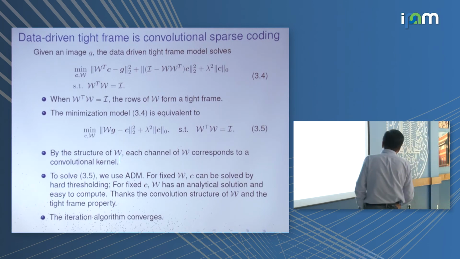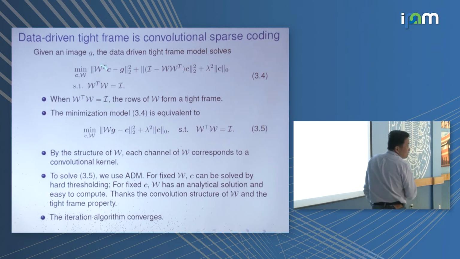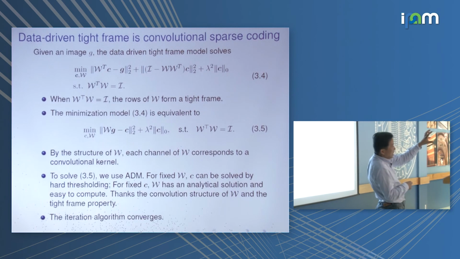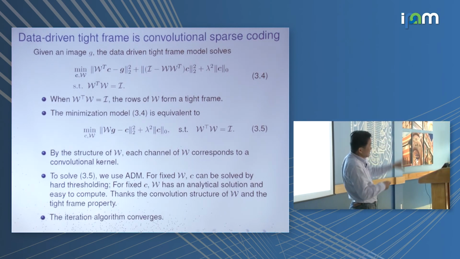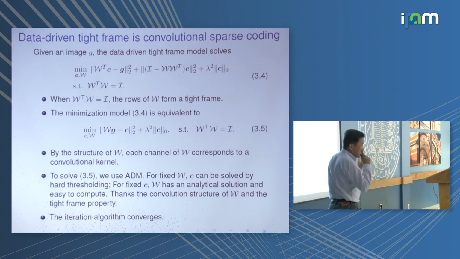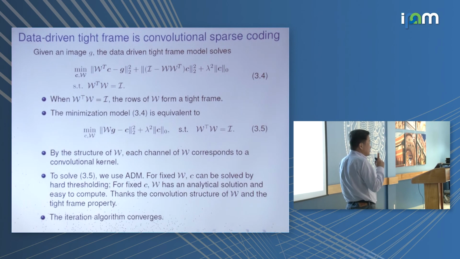Fortunately for this one, because of this property, you can write down an analytic form, and in a small matrix, not a huge matrix. Each block has your filter, the length of the filter and the number of filters give the block size for your matrix. For those blocks, you can write down the exact analytic form, then you can generate W. So both sub-minimization problems have one-step solutions. You don't need to iterate, so this algorithm is very fast.